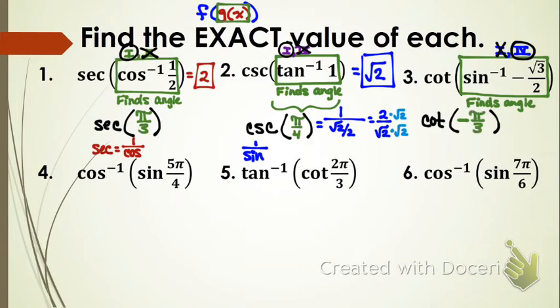So now I want to find cotan of negative pi over 3. Well, I know that cotan is cosine over sine. So I need cosine of negative pi over 3, and I need sine of negative pi over 3. What's cosine of negative pi over 3?